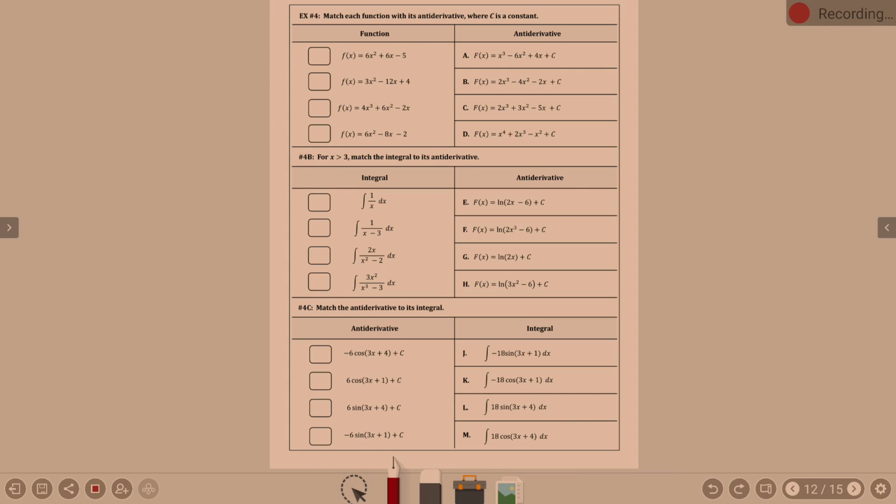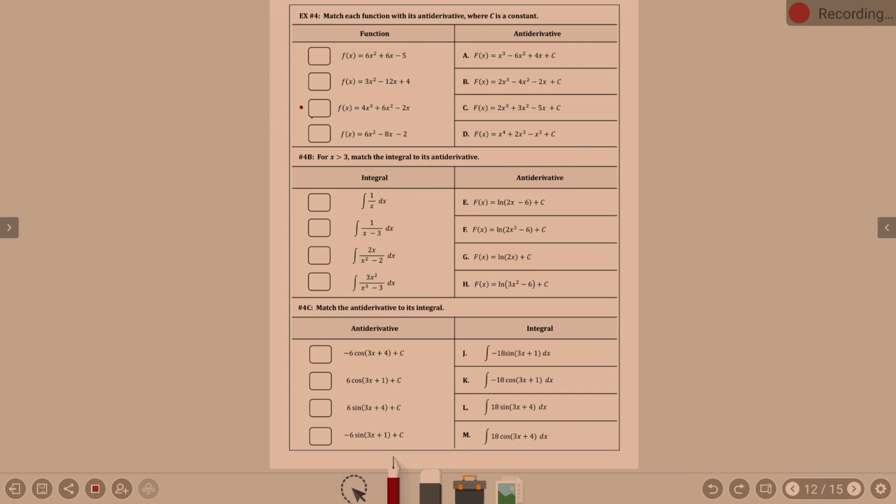If I start on the left, I'm going through and looking. Third box. What about that box right there? Which one does it have to pair up with? X to the 4. All my others have a highest power of x squared, and this has a power of x cubed.